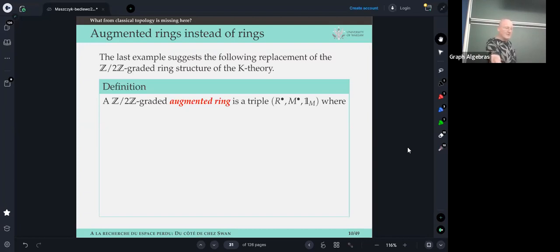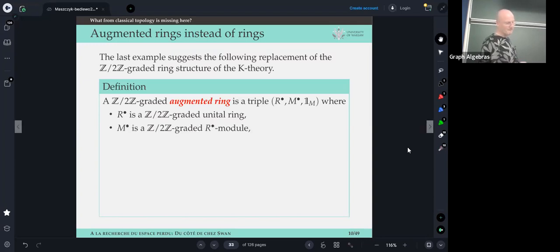Every augmented ring is a triple consisting of a ring, a module over this ring, and a distinguished element in this module, satisfying the following conditions. This ring is a Z2 graded unitary ring. M is a Z2 graded R module containing this distinguished element of degree 0.